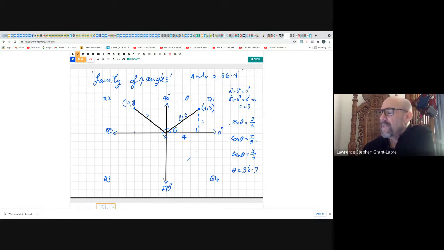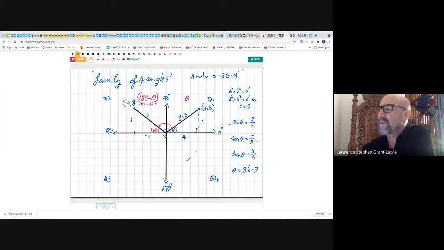Here the adjacent side happens to be -4, and the opposite side happens to be +3. And the angle, I'm going to put the four angles, theta, 180 minus theta, because 180 minus 36.9 is 143.1 degrees.